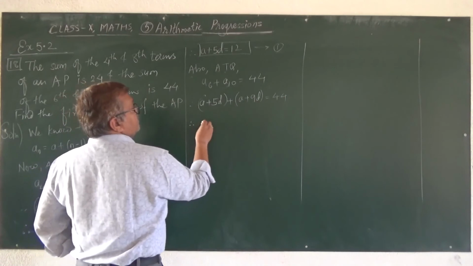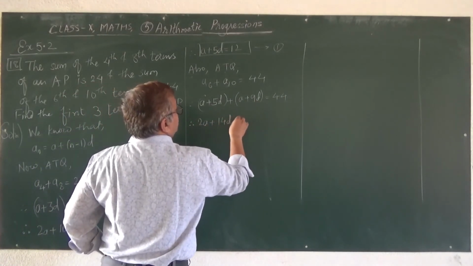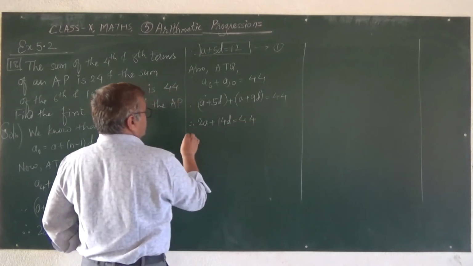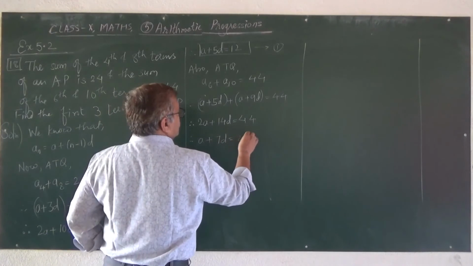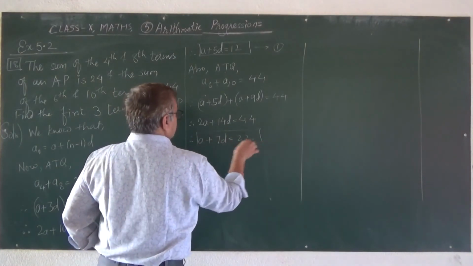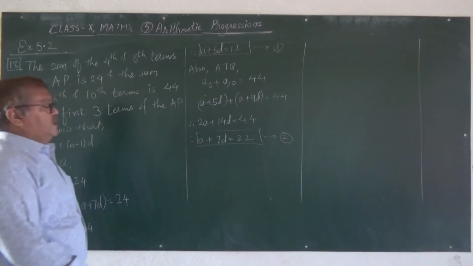Therefore a plus a, that is 2a, and 9d plus 5d, that is 14d, is equal to 44. Divide by 2, so a plus 7d is equal to 22. This is equation 2.